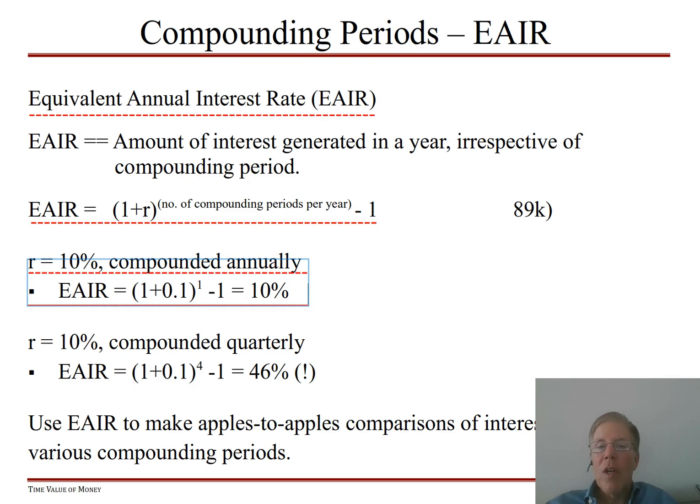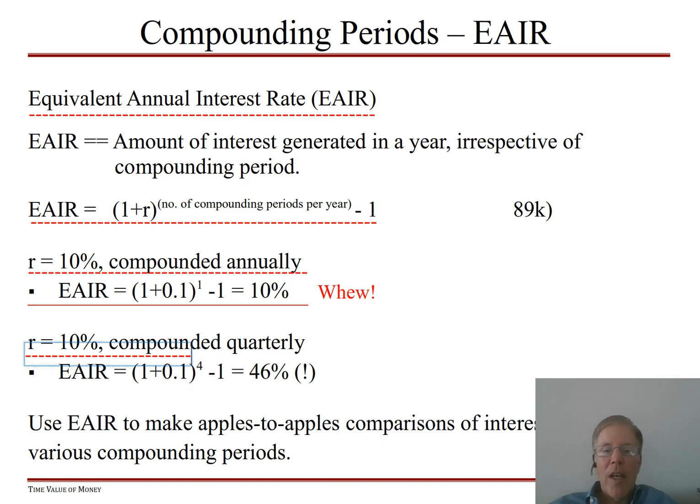So raised to the 1, minus 1, equals 10%. So that's a good thing. If we didn't get 10%, something would be really wrong with our formula, because the equivalent annual interest rate for something compounding annually had better be just that interest rate. Okay, so let's move on.